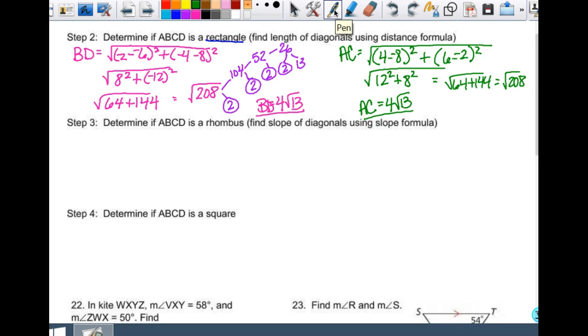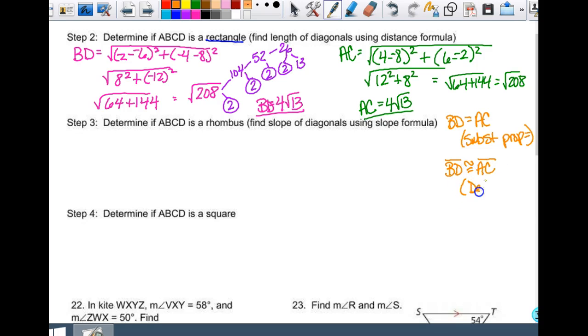And what I should have made room for up at the top, I'm going to do down the side, is that the length of BD is equal to the length of AC by the substitution property of equality. Then line segment BD is congruent to line segment AC.